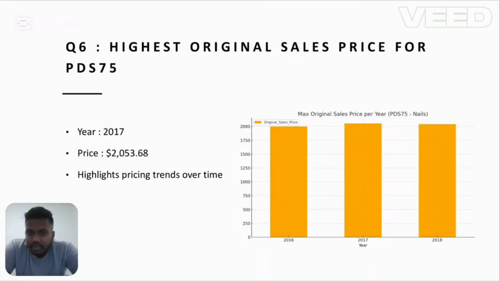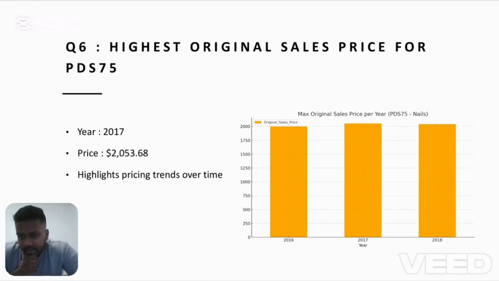Here with the highest original sales price for the product in question 5 in 2017, the highest that PDS 75 is sold for was $2,053. We isolated PDS 75 from the dataset to answer this question. Then, by using the data hierarchy in Power BI, we pulled data about the years and aggregated the highest original sales price value for each year.